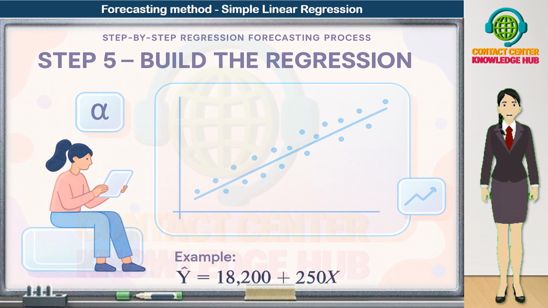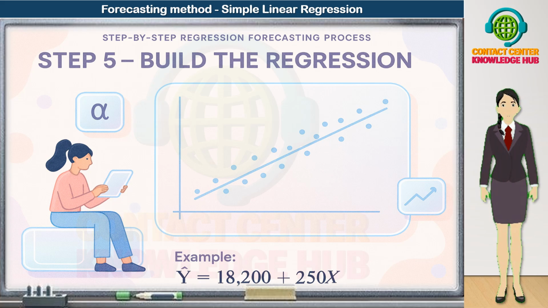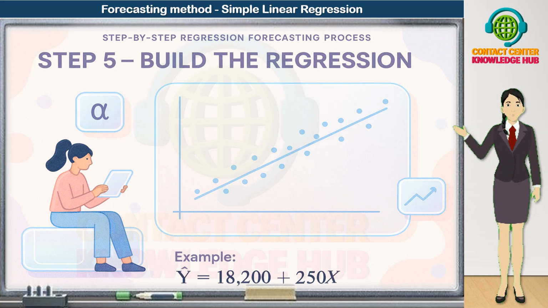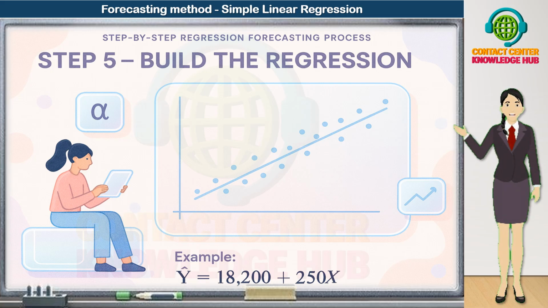Step 5. Build the regression equation. Now that we have both components of the regression line, the intercept A and the slope B, we can put them together to form the forecasting equation. In this example, the intercept is 18,200 and the slope B is 250.